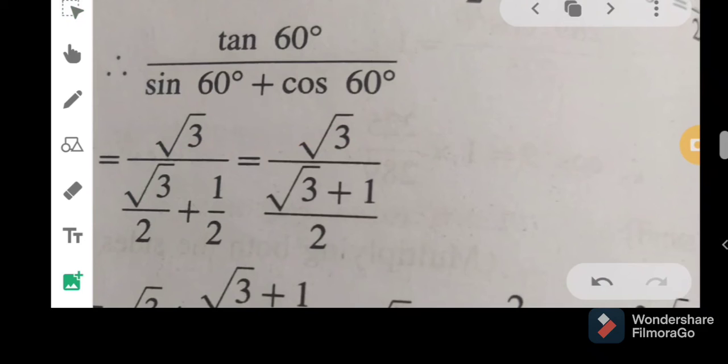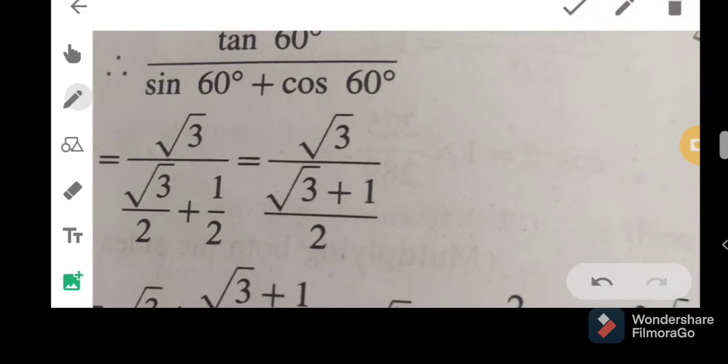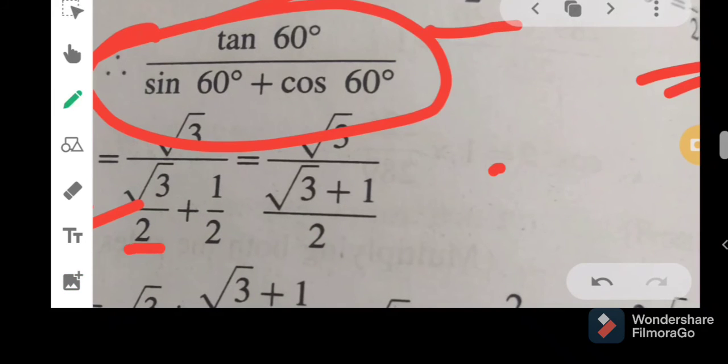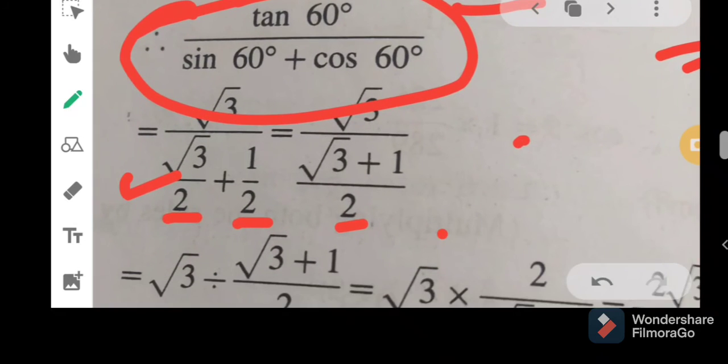So what happened here? Root 3 upon root 3 by 2 plus 1 by 2. Here when we observe this, the denominators of both are the same, so we take it common: root 3 plus 1 divided by 2. Root 3 divided by (root 3 plus 1 divided by 2).